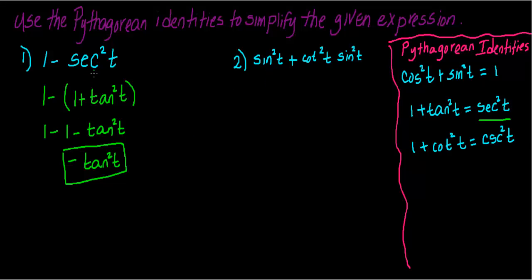If you go ahead and change this secant into 1 over cosine squared of t, you can do that and try it out and see if you get to the same answer. These expressions, there are so many different ways in which you can attack them, but with experience and with a lot of practice, you will get the knowledge of what is best to approach the expression.